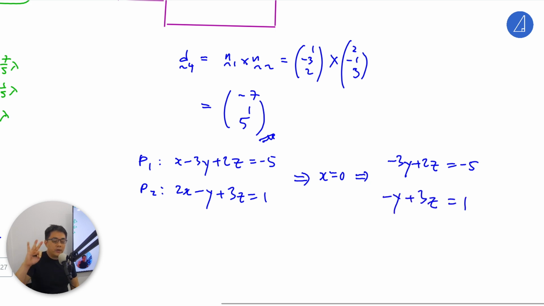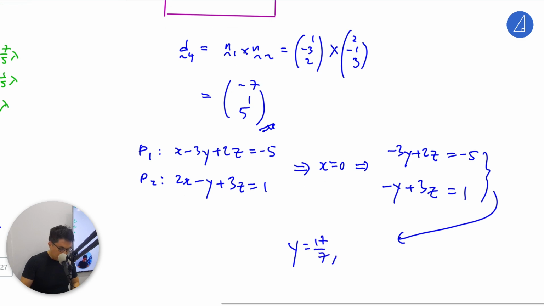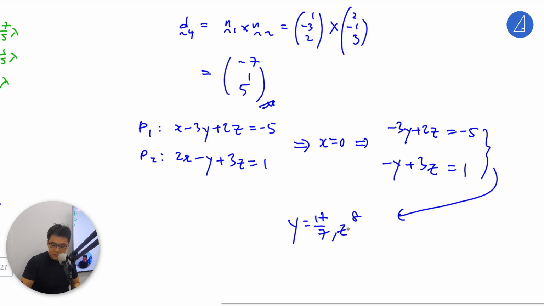You just want to find a point satisfying these two plane equations, so you just pick x equals 0. When I let x be 0, this will be this. Then I just solve this simultaneously. From GC, y equals 17 over 7 and z equals 8 over 7.